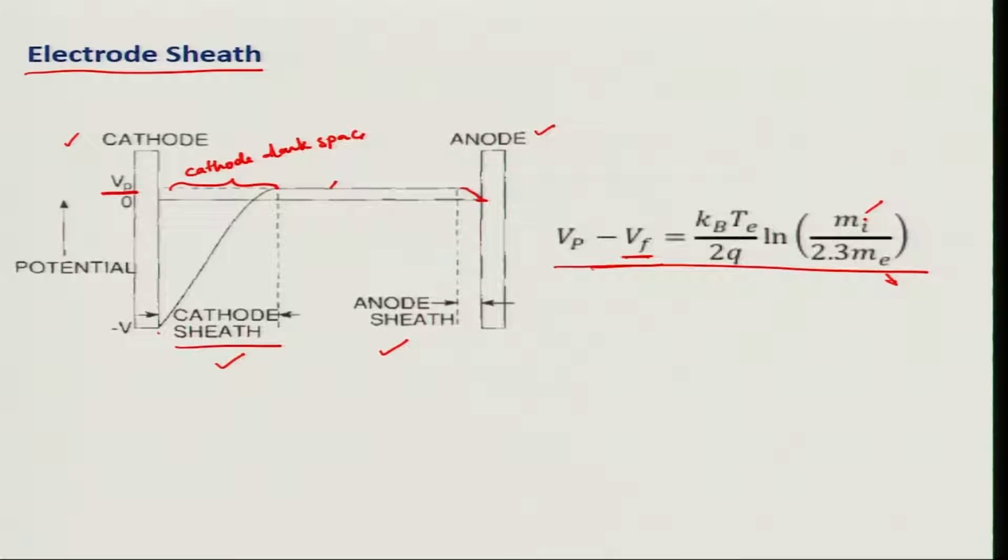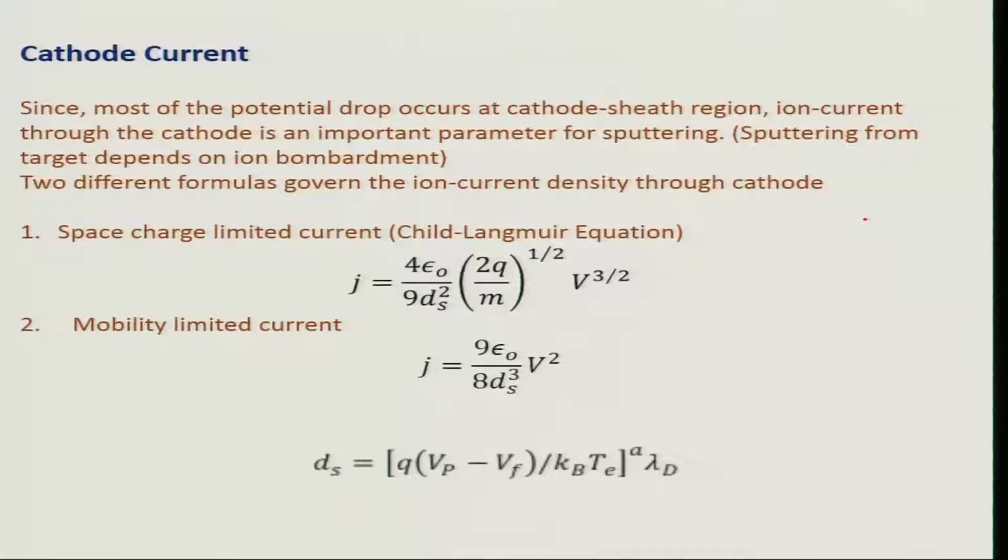Based on this, we can also quantify another property which is called cathode current. Now, we are moving our discussion from electrons to ions. So, we are discussing cathode current, and this is due to positively charged ions.